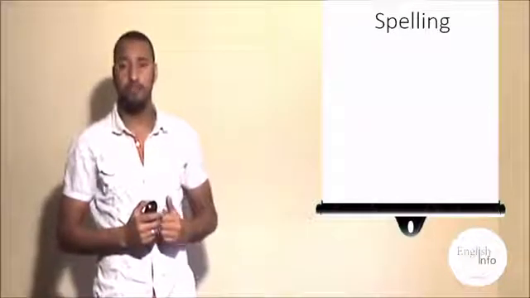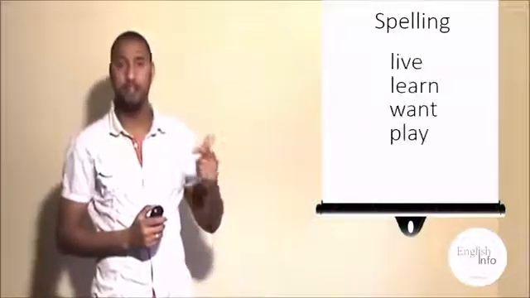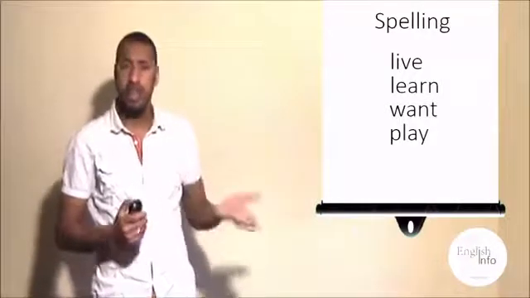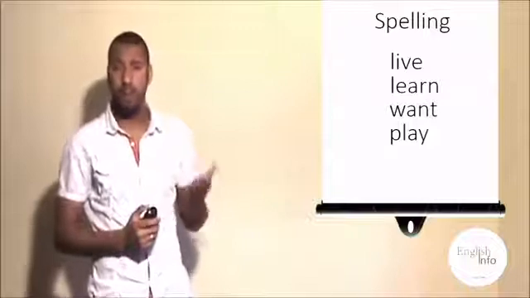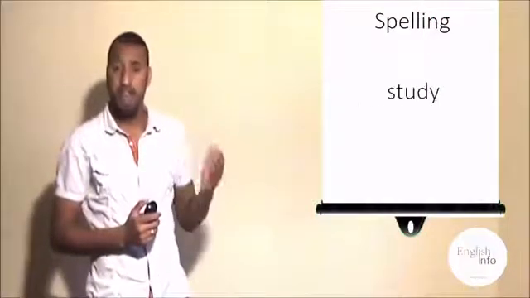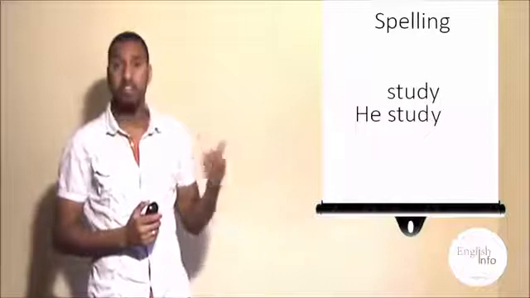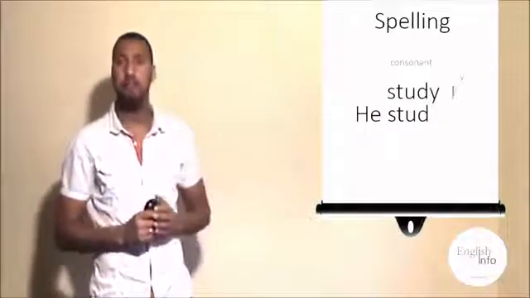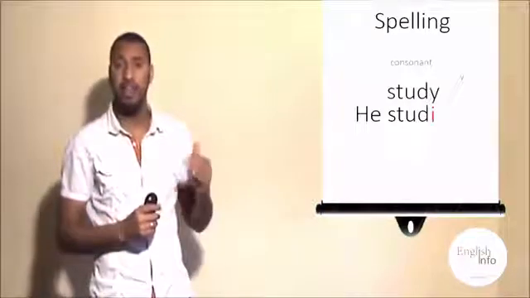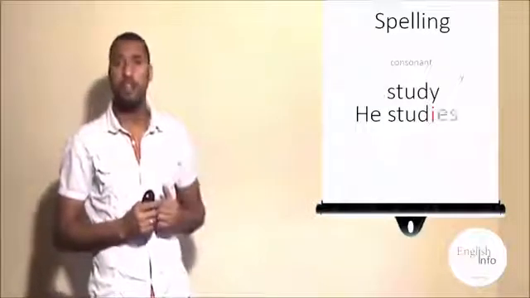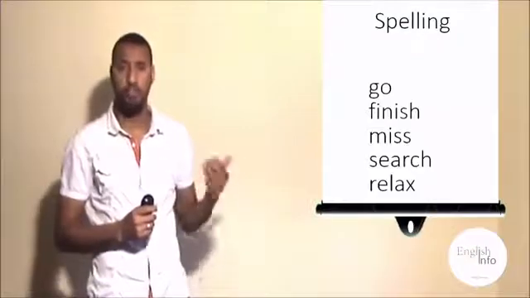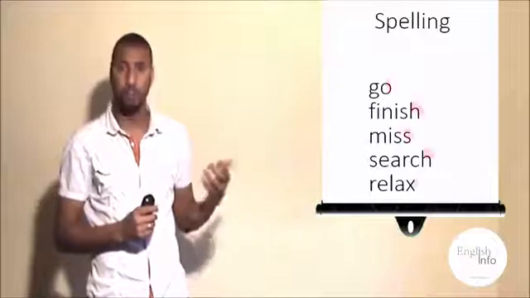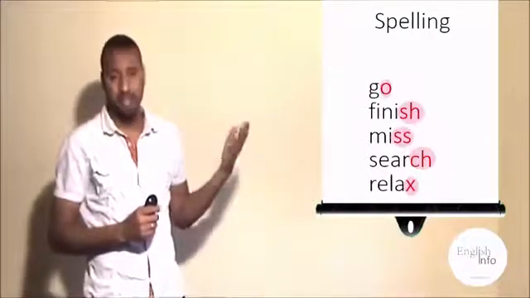Most of the verbs like live, learn, want, play, take only an S. And for a verb like study that ends in a Y preceded by a consonant, we drop the Y and replace it by I and then add ES. For verbs like go, finish, miss, search, relax that end in O or SH or double S or X, we add ES.